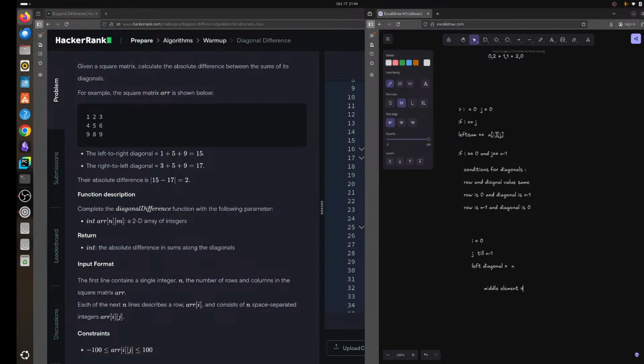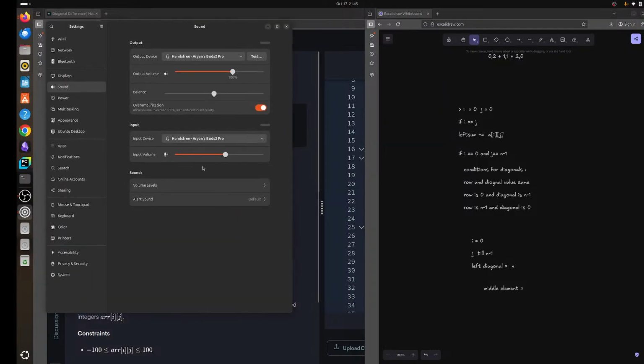So the middle element will be found from the first, second, or third row like that, and then we will be able to find it easily.